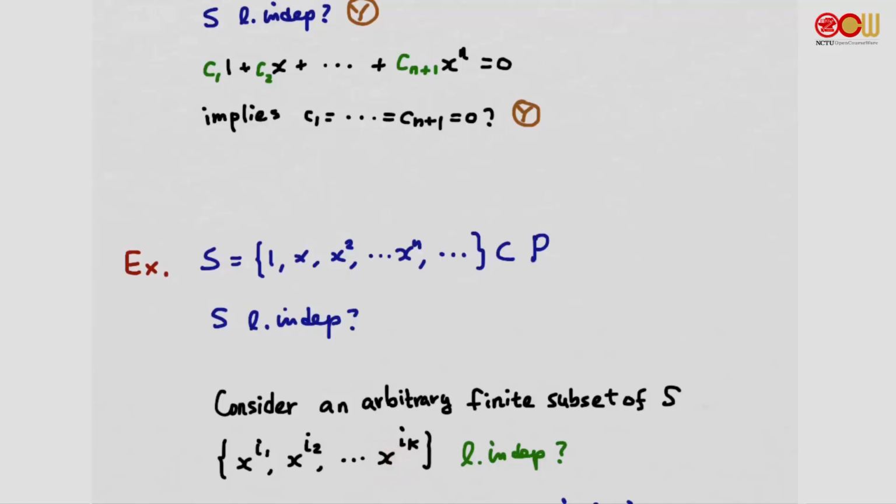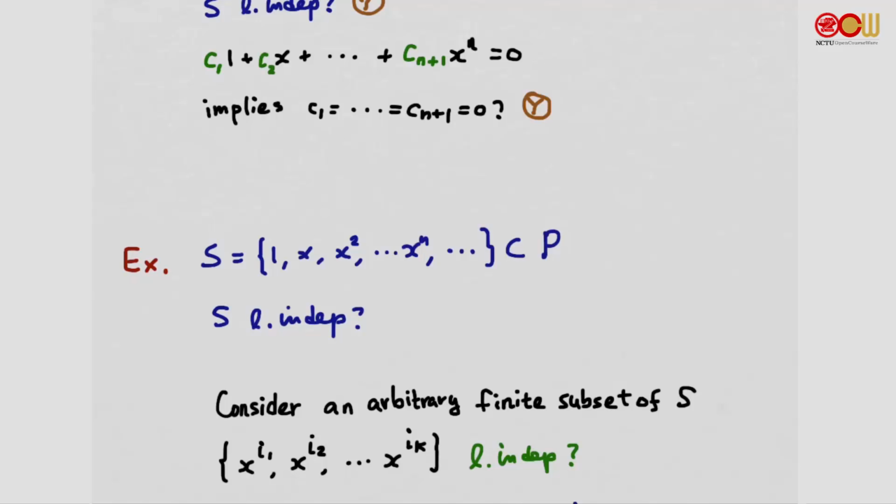For the first one, it's the power of x raised to the power i1. The second one is i2, and the last one is ik. This is an arbitrary finite set, right? Because these i1, i2 are arbitrary non-negative integers. Is such a set linearly independent?